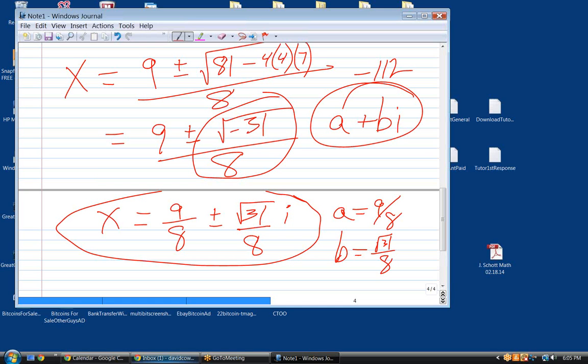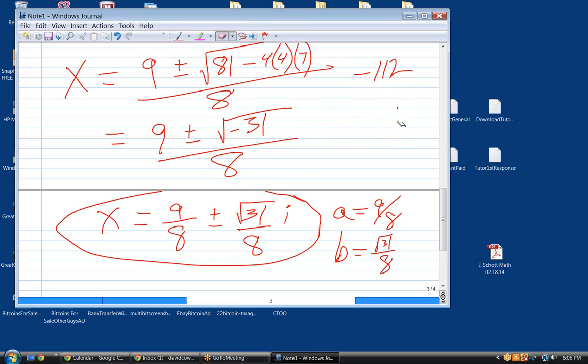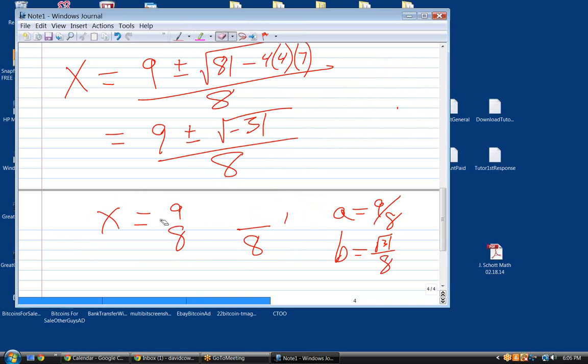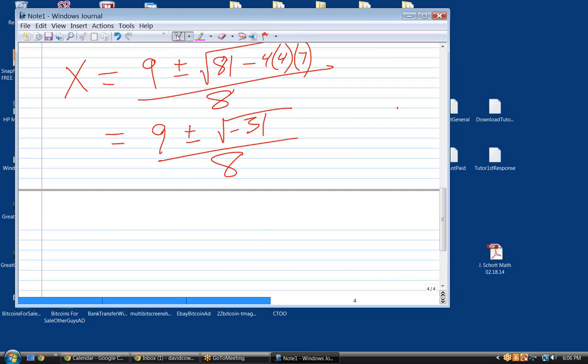And if she doesn't ask for the A plus BI format, is it just the answer above? Well, no, you still have to put in the I. It would just look a little less divided up. In other words, it would be 9 plus or minus root 31 I, all over 8.